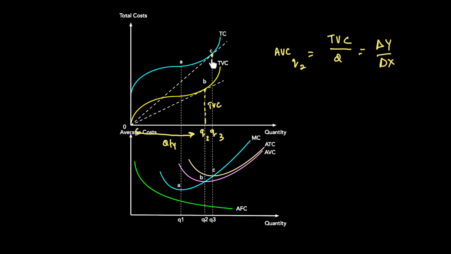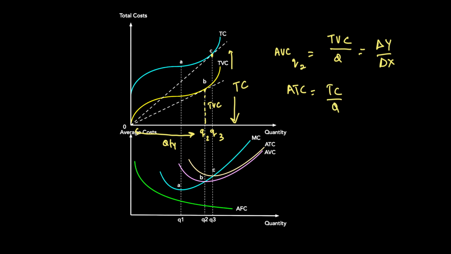So if somebody asks what's the ATC at Q3, all I need to do is find the vertical distance, which is my total cost, and then look at my quantity, which is Q3, and I'll get my ATC. So ATC simply is TC over Q.